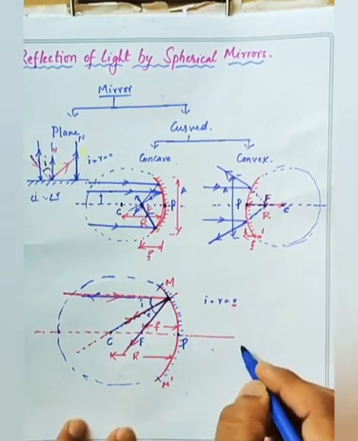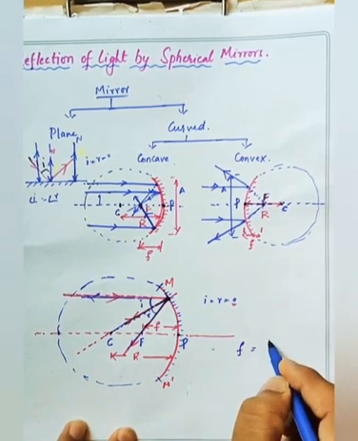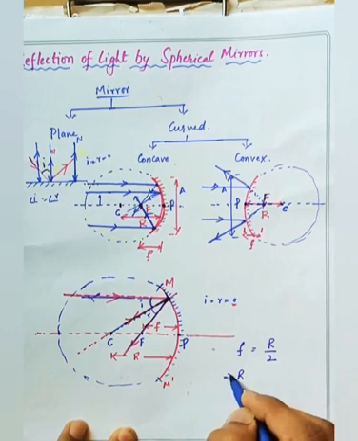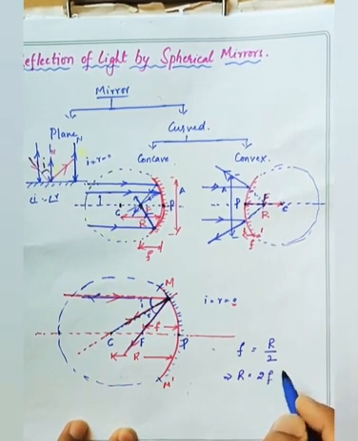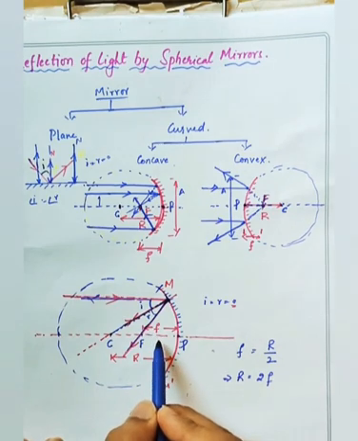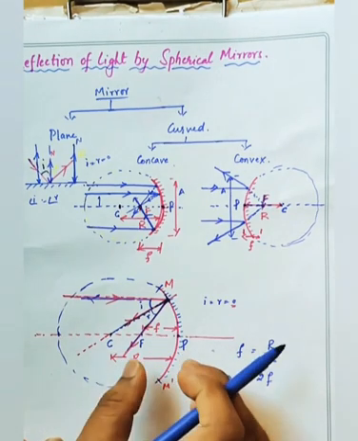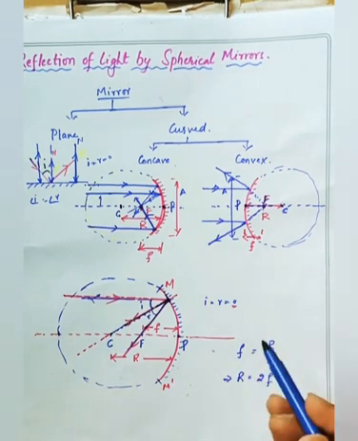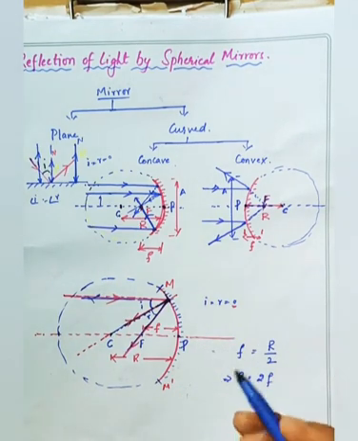It means f is r by 2, or r is equal to 2 times f. That derivation we will prove in the next video, and also we'll see the sign conventions in the next video.